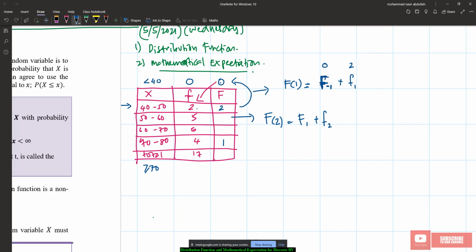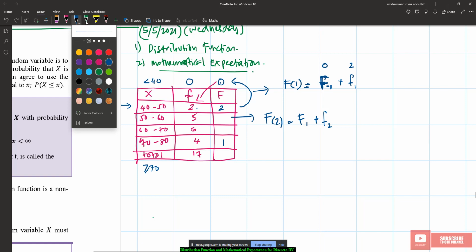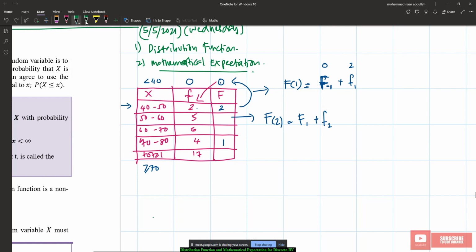Can you understand the concept? I just expanded this in a mathematical form. So here, the cumulative frequency number 1, which is 2, plus the frequency of row number 2, which is 5, equals 7. 2 plus 5 equals 7.